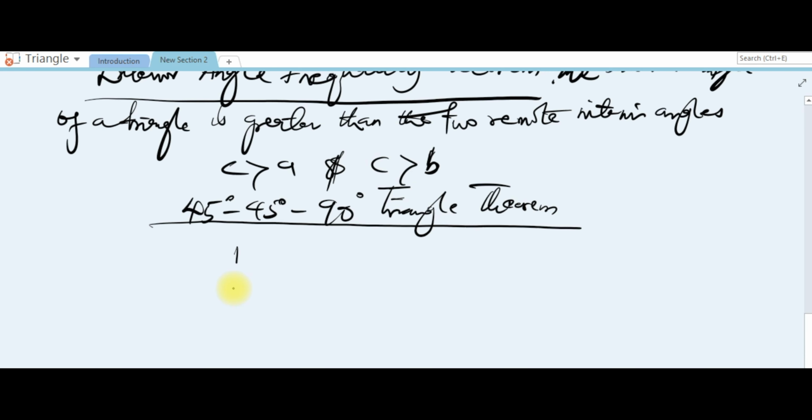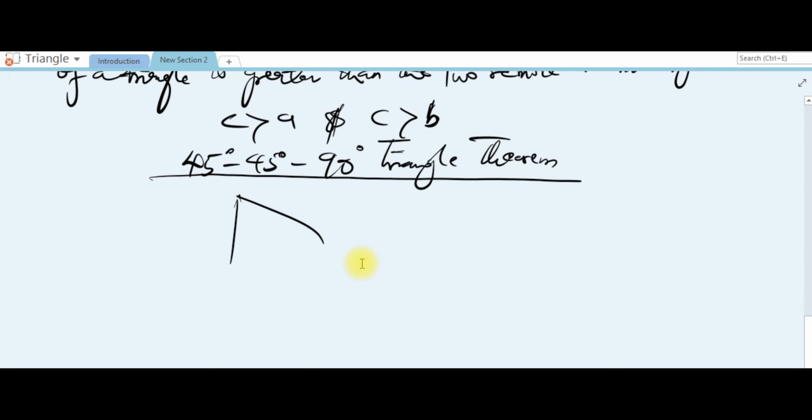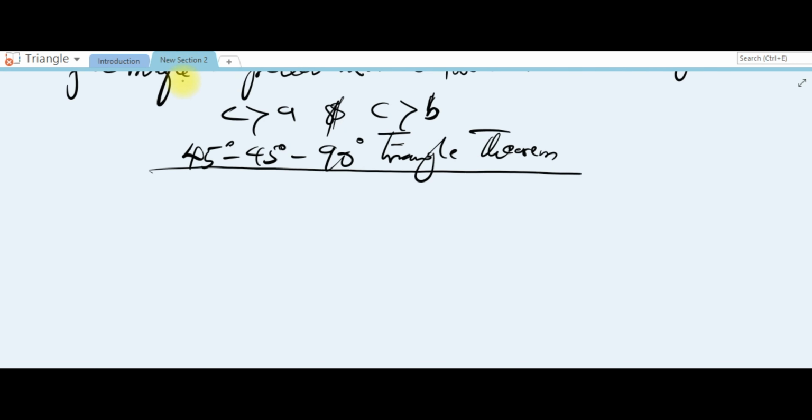The theorem is for a right angle triangle.